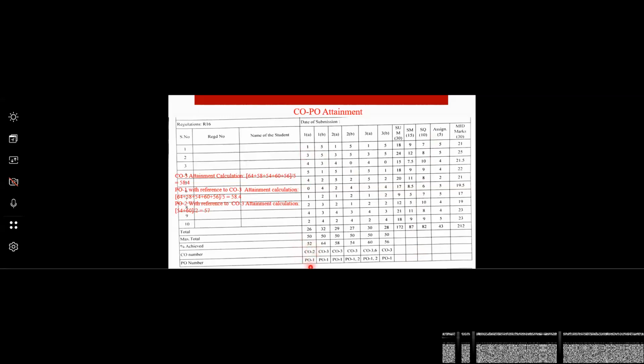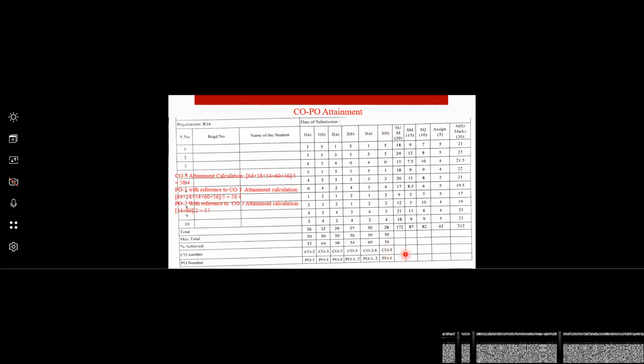Is it visible to you? 1A is mapped to CO2 and PO1. Similarly, 1B is mapped to CO3 and PO1. 2A is mapped to CO3 and PO1. 2B is mapped to CO3 and PO1 and 2. And 3A is mapped to CO3 and PO1 and 2. And 3B is mapped to CO3 and PO1, right?